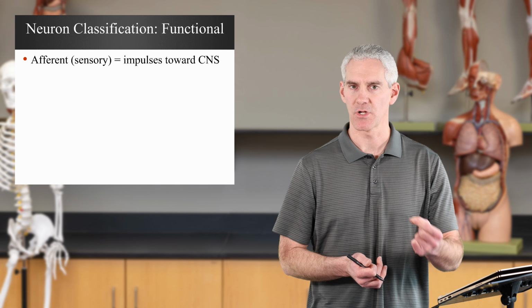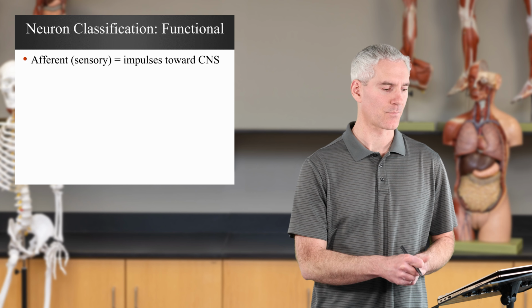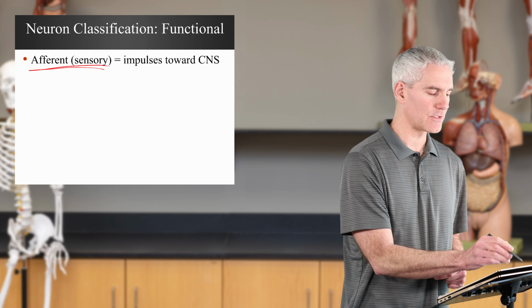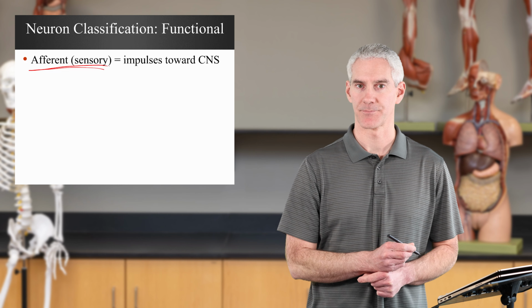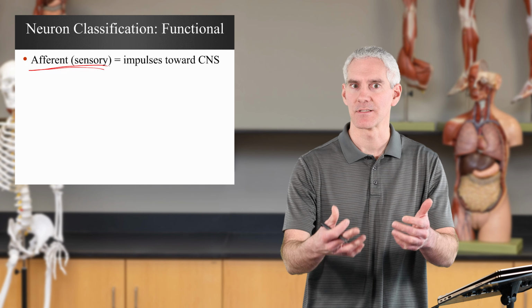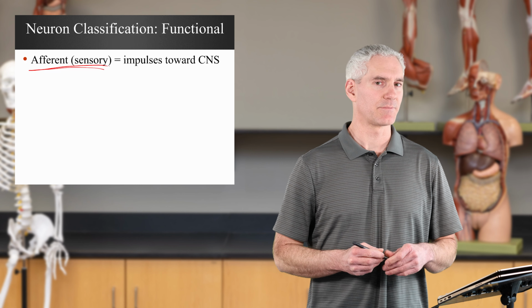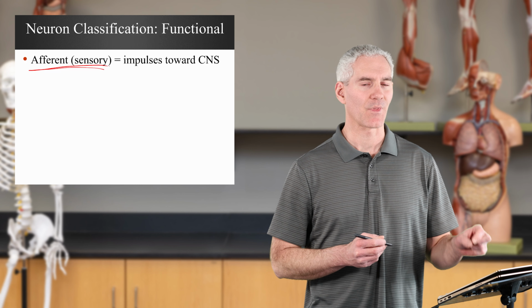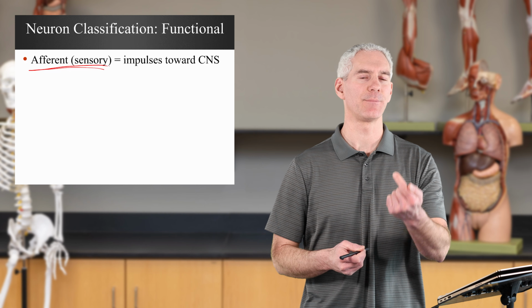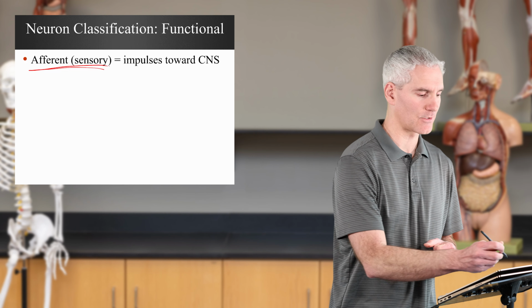The functional classification is based on what is being done. First off, afferent or sensory neurons. We already mentioned this in a previous video. Afferent, sensory, bringing information in. So that means it doesn't matter what the structure is. If this neuron brings information into the central nervous system, it's going to be an afferent or sensory.